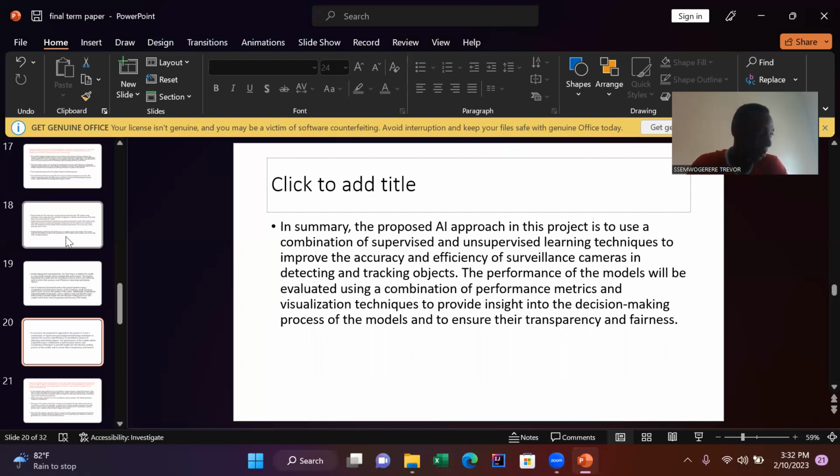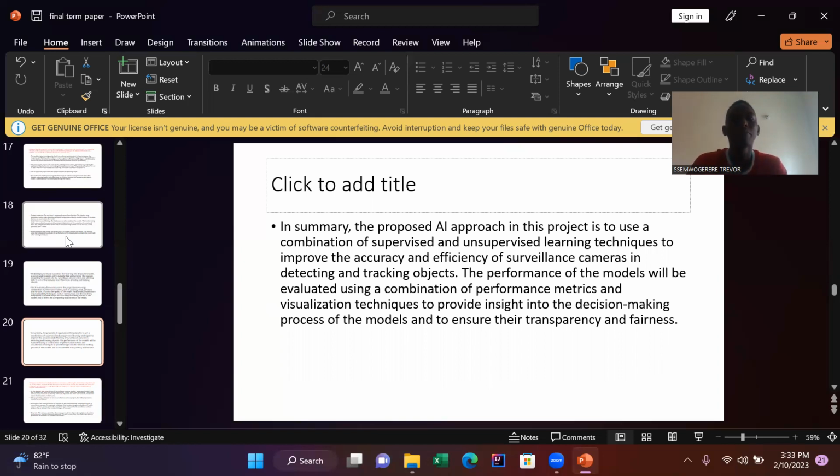In summary, the proposed AI approach in this project is to use a combination of supervised and unsupervised learning techniques to improve the accuracy and efficiency of the surveillance camera.